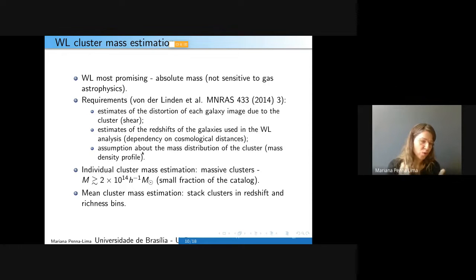So why is gravitational lensing, weak or strong, so important for clusters? Because gravitational lensing is the unique probe that provides information about the absolute mass of the galaxy cluster, because X-ray or Sunyaev-Zeldovich or other probes are sensitive to the gas astrophysics. So when we take a picture, let's say in X-ray, of a galaxy cluster, the main information that we are getting is about the intracluster medium.